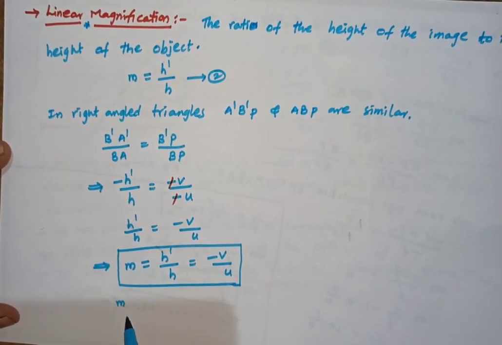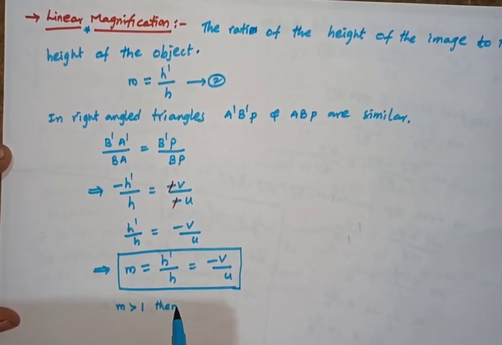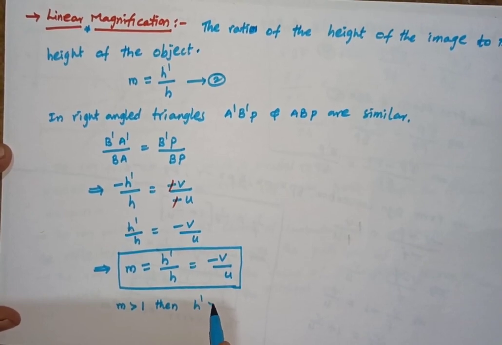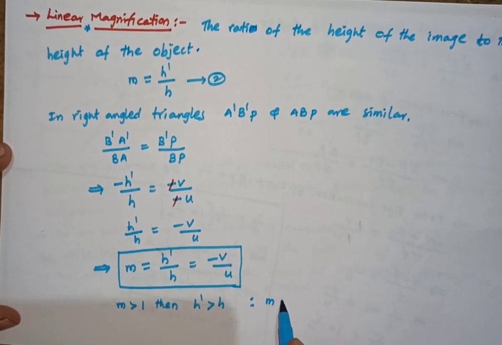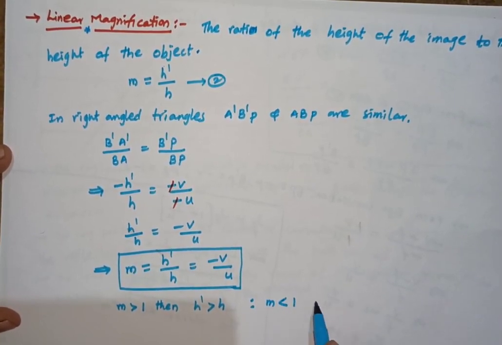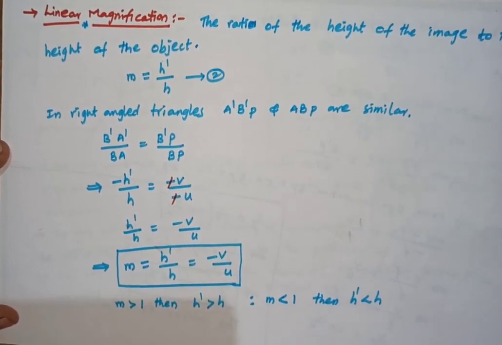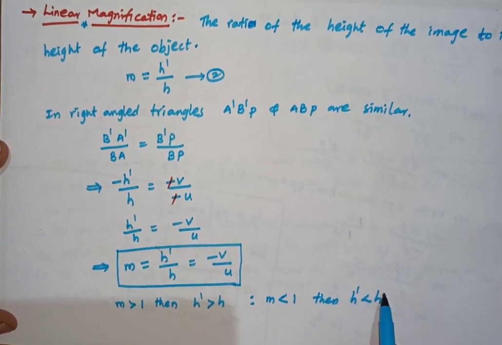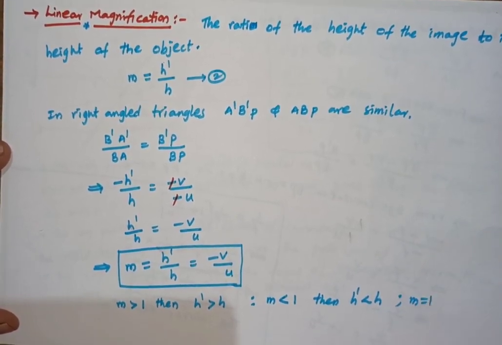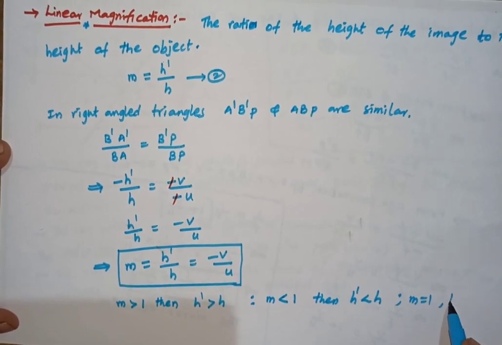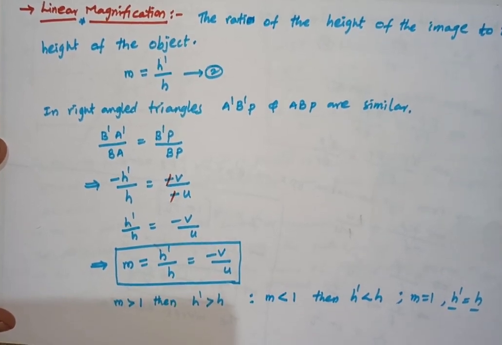So here, if linear magnification is greater than 1, then the height of the image h dash is greater than h, or if m is less than 1, then h dash is less than h, the size of the image is less than the object size. When m equals 1, the size of the image equals the size of the object, height of the image equals height of the object.